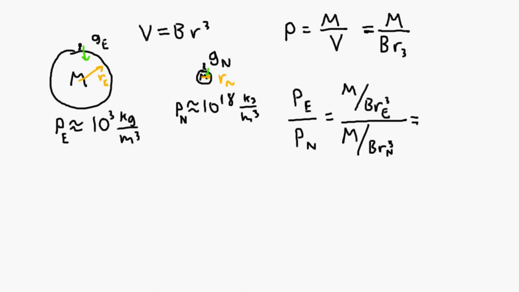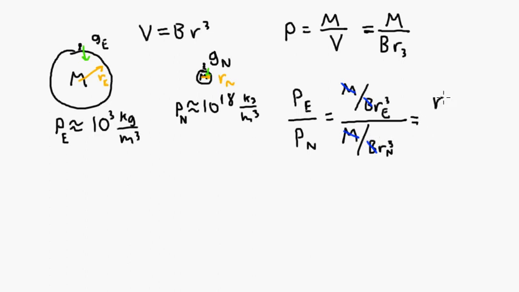M cancels, and B cancels too. So if you remembered that B is actually 4/3 pi, because that's our formula for the volume of a sphere, then bully for you. But it cancels out anyway, so it doesn't matter. So what you get then is, and then remember, this Rn cubed is in the denominator of the denominator, so it actually goes up into the numerator.